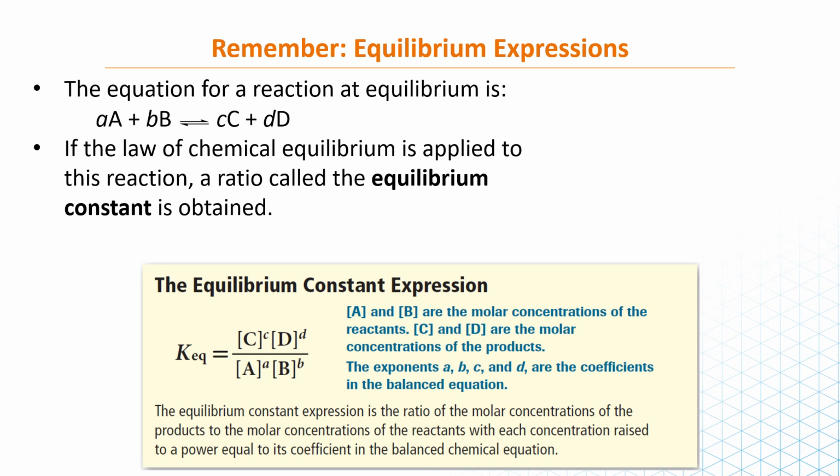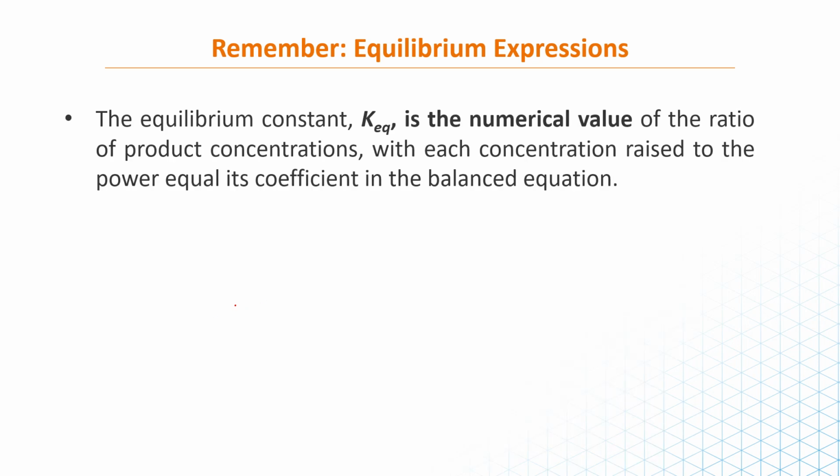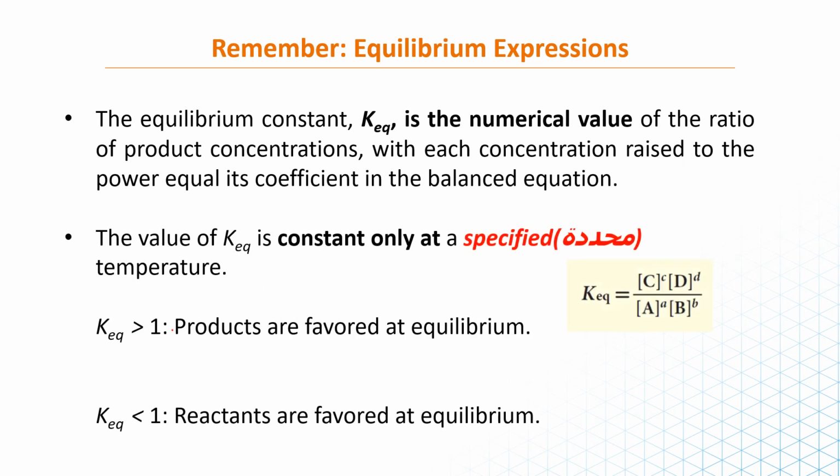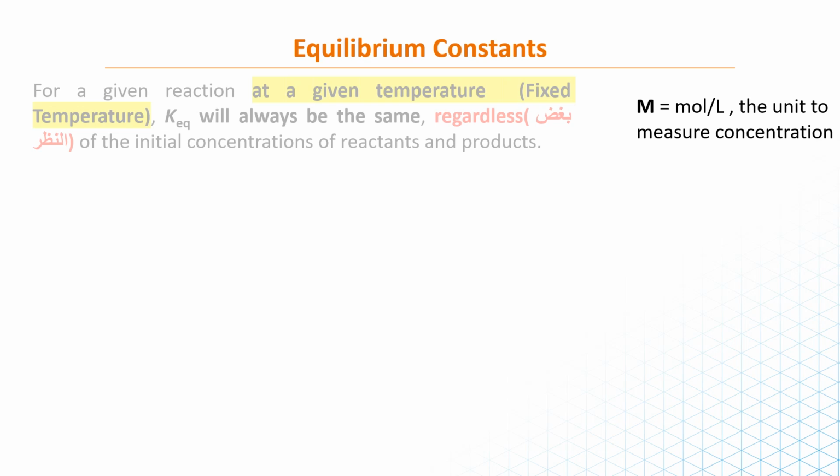We talked about it. We talked about the K equilibrium expression, and we said that if K equilibrium is more than one, products are favored at equilibrium. If it's less than one, reactants are favored at equilibrium.